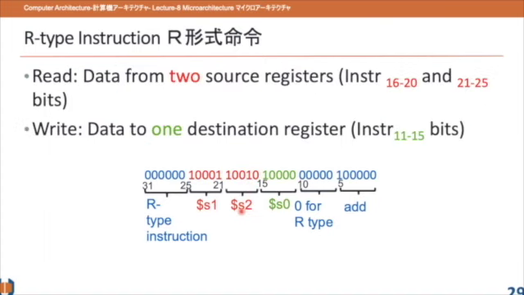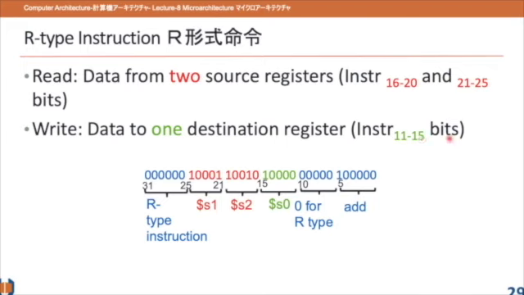Okay, before going to the data path, one thing I would like to clarify to all of you. An R-type instruction reads from two source registers, and the bit sequence is instruction bits 20 to 16 and 25 to 21. Then it writes the value to the register given by instruction bits 11 to 15.